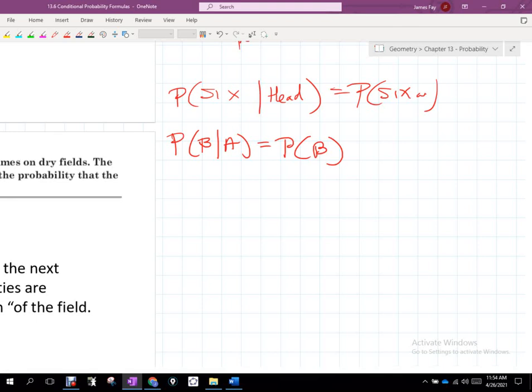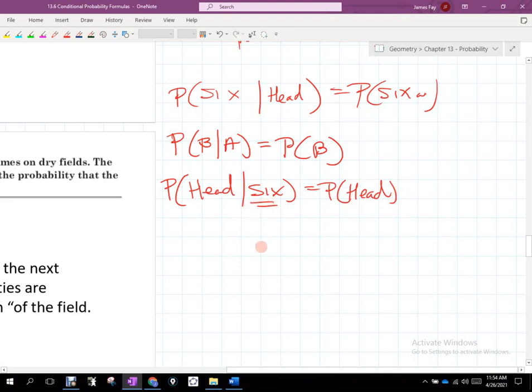They do not rely on one another. Does that make sense? And I can also flip it and say the probability that we get a head, given that a 6 was already rolled, would still be just the probability that I get a head, because the dice has no bearing on the coin, or in this case, the bag of popcorn.